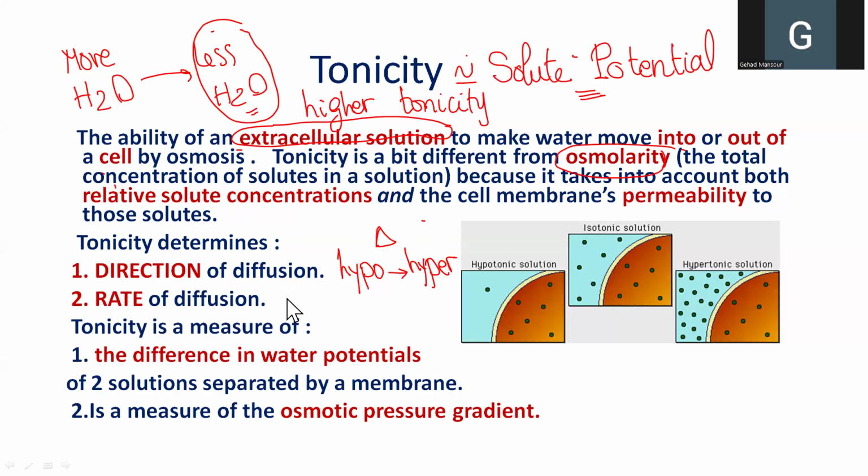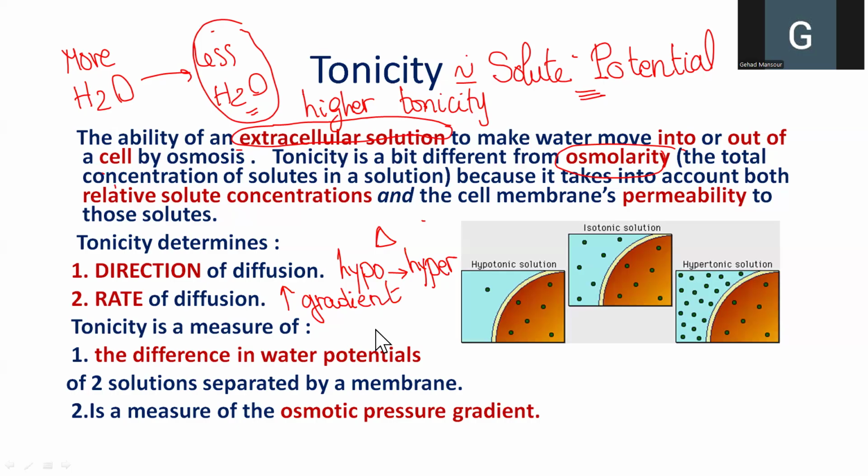It also determines the rate of diffusion, because the higher this difference or gradient, the higher the rate of diffusion. Tonicity actually is a measure of the difference in solute potentials, or a measure of the difference in water potentials and the osmotic pressure gradient.